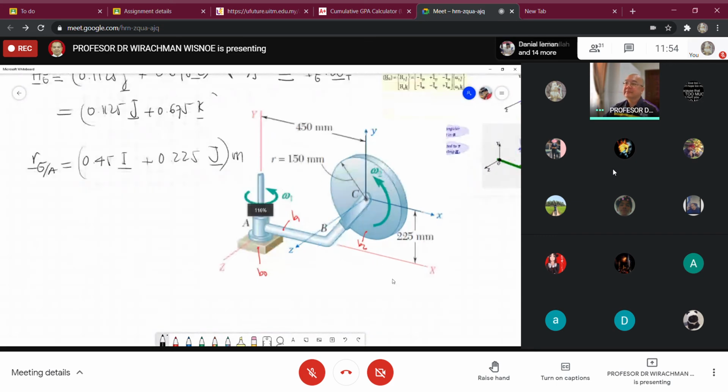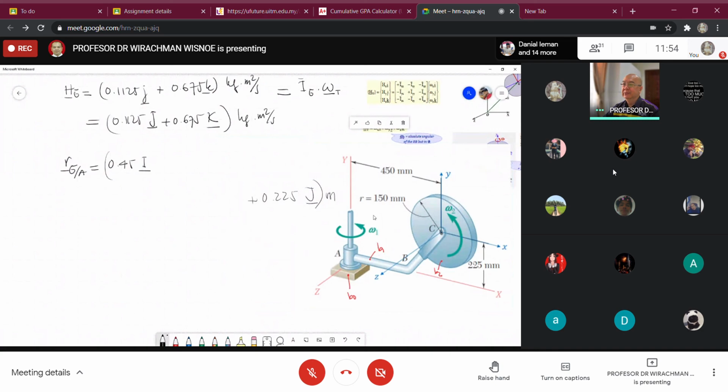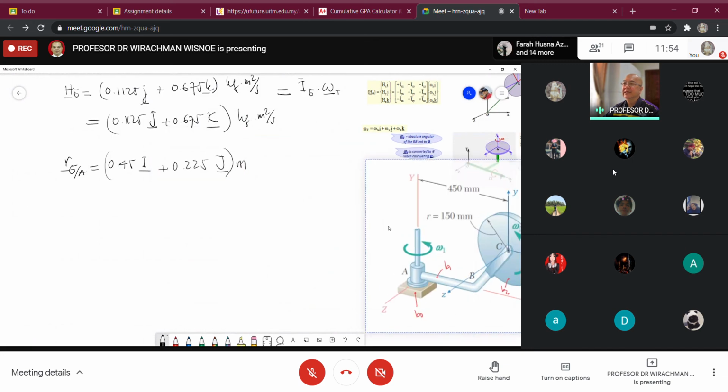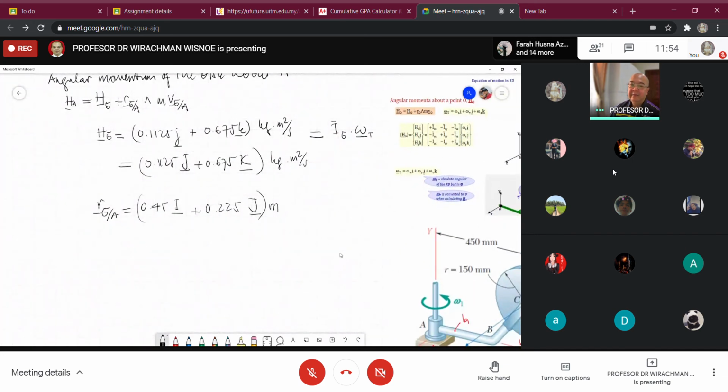Okay. I write in this. And then the velocity of G relative to A, it is given or not? Okay, it's not given.